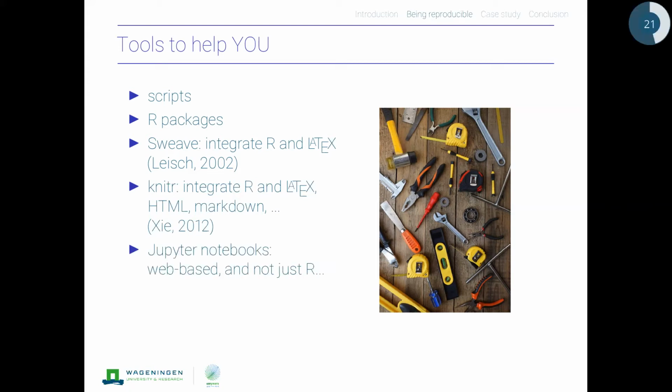And again, you can go one step further and use Jupyter notebooks, which are completely web-based, and they are not just there for R, but you can also use them for Python, etc. I don't have too much experience with the Jupyter notebooks. I got stuck at the Knitr level, so that's what I'm going to talk about mostly.